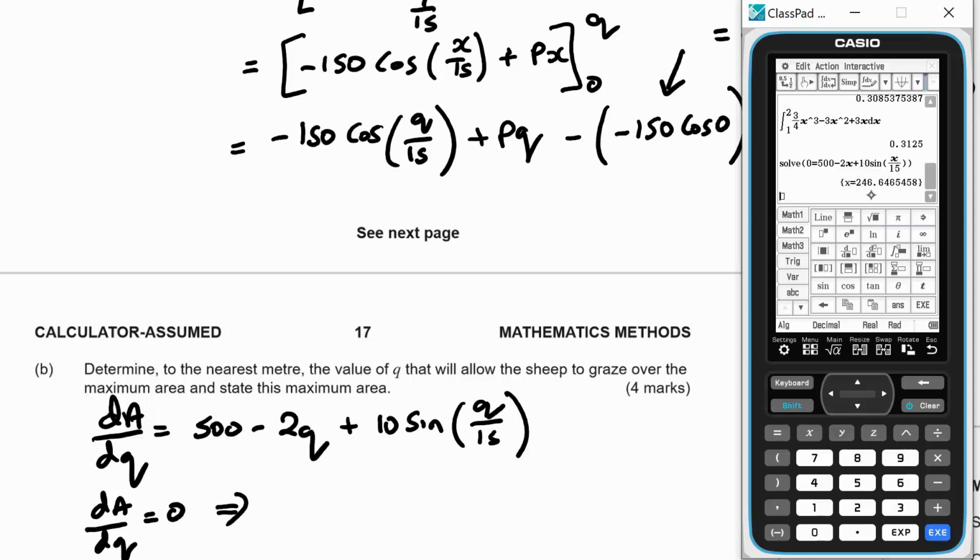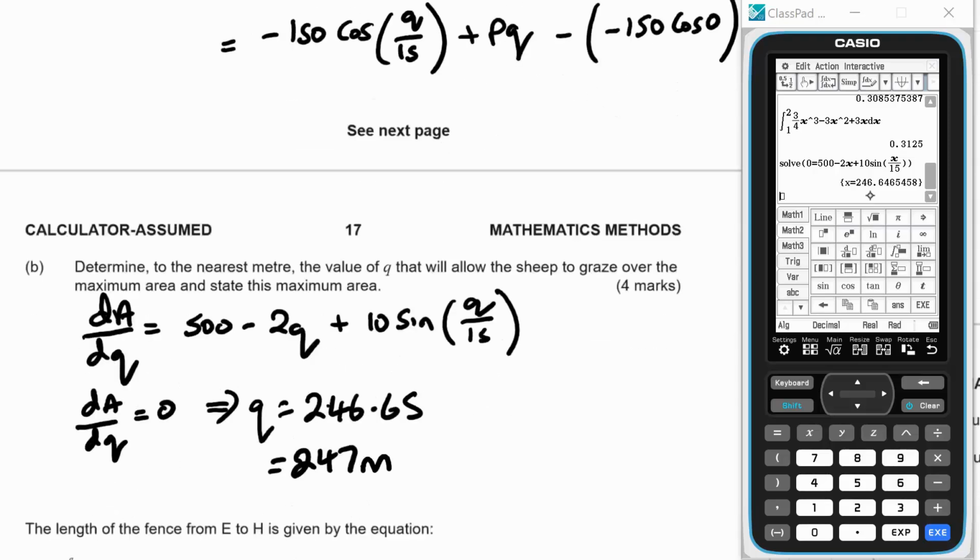And that's given us 246.65. And that's equal to 247 meters because we were asked to the nearest meter.